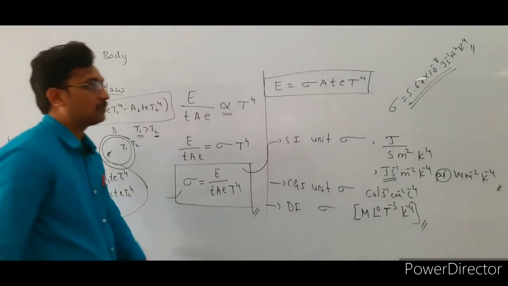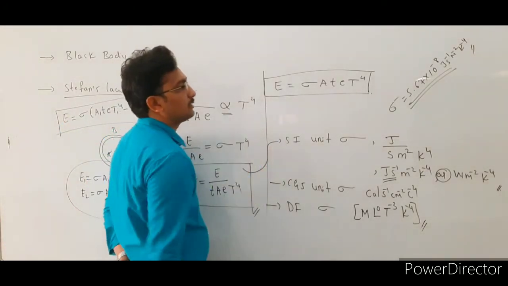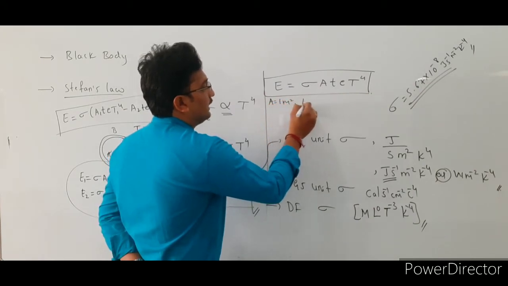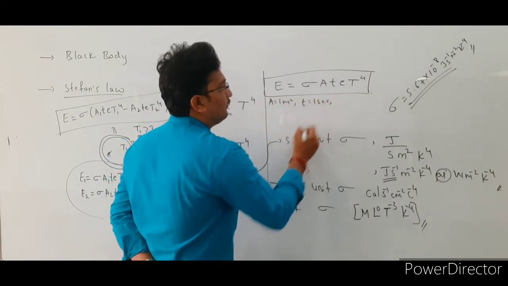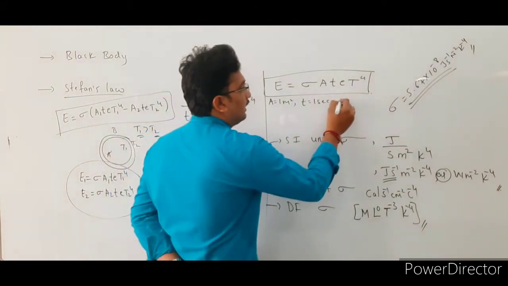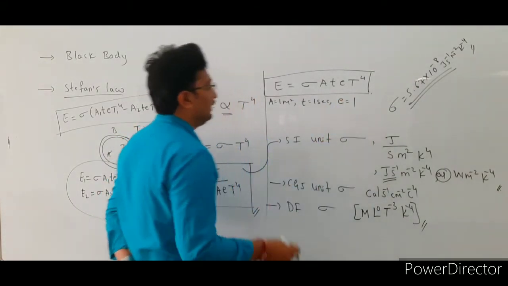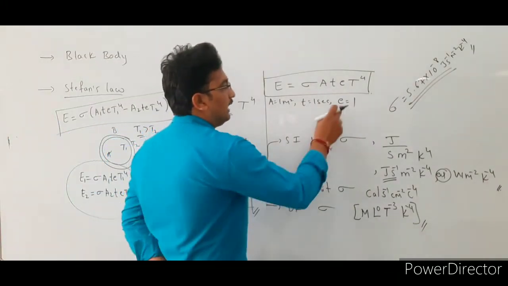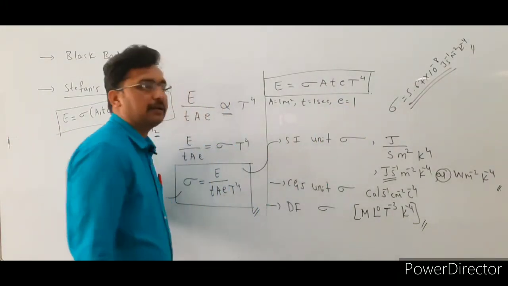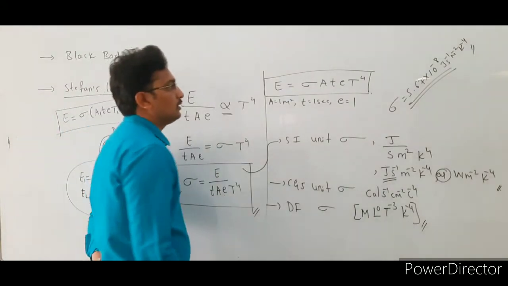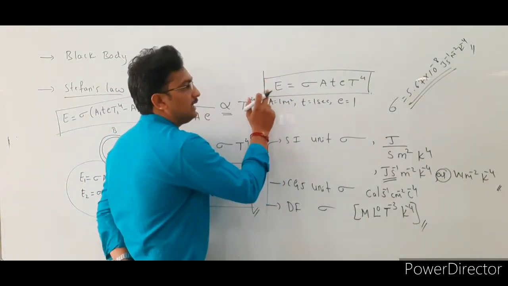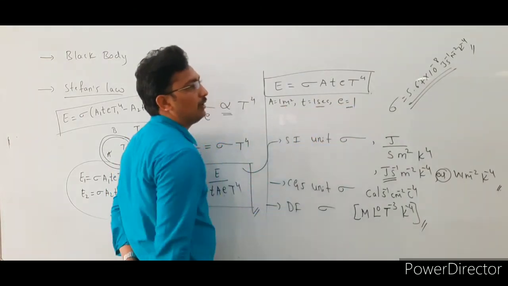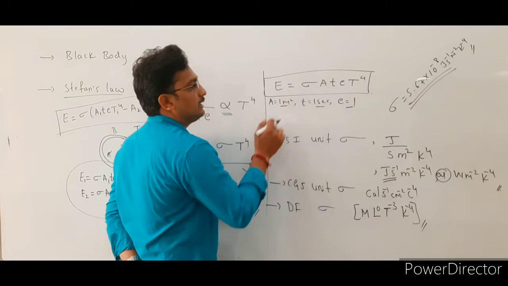Okay, see here, the next one. In case the area of the body is 1 meter square, the time is 1 second, and the emissive power of a perfect black body is 1. Substitute all these values in this equation.